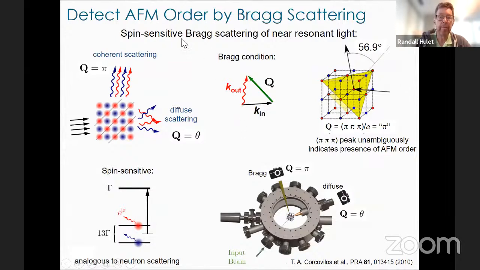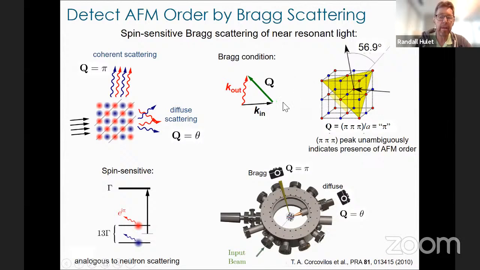All right, now to detect magnetism, antiferromagnetism in particular, we want to look at a different angle. This corresponds to a lattice vector of pi pi pi, and the angle is therefore at 57 degrees.